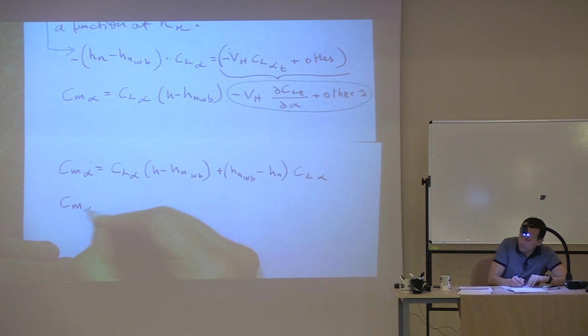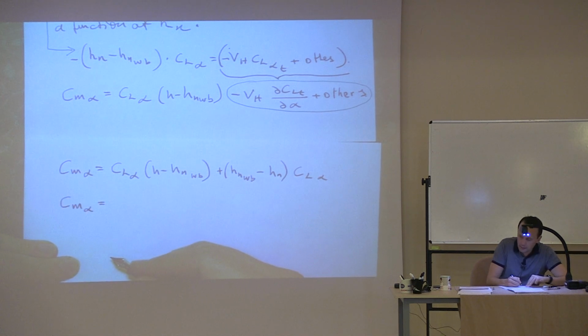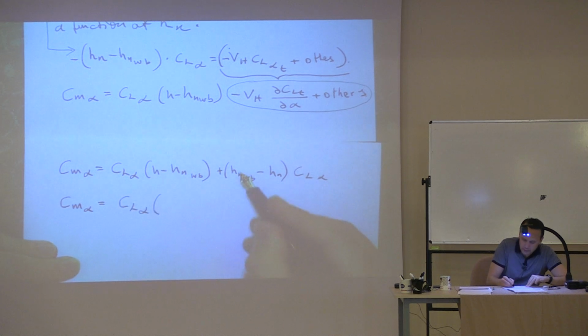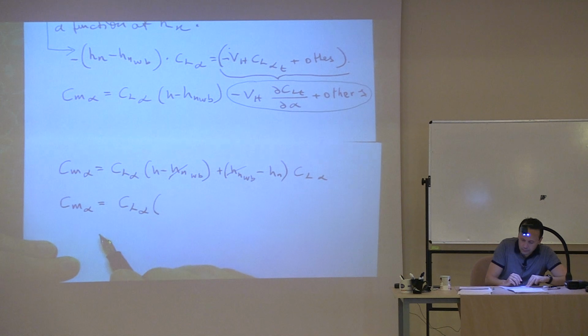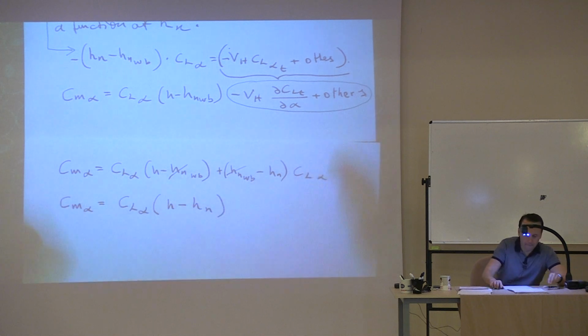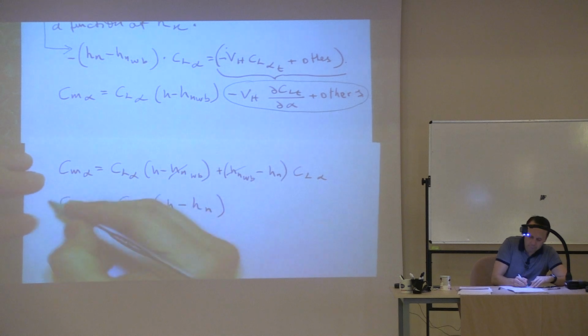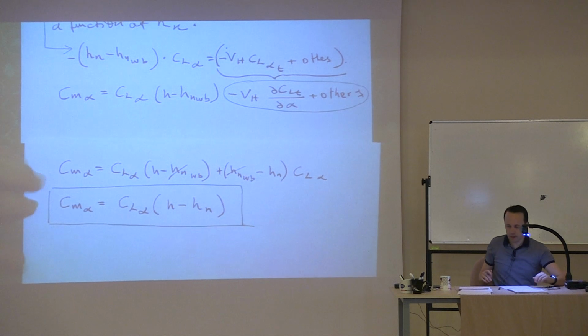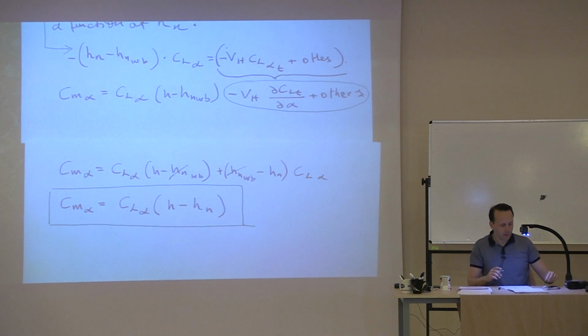So Cm alpha will be equal to Cl alpha times, these things will cancel, and you will get H minus Hn. And this is our important result.